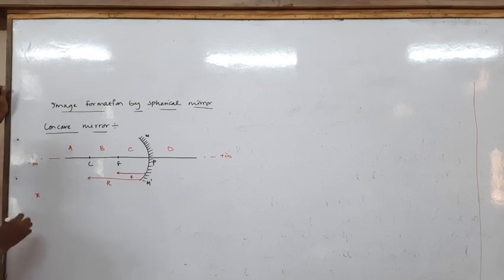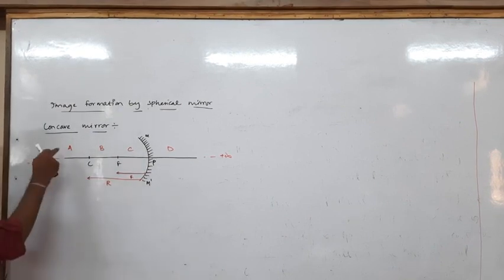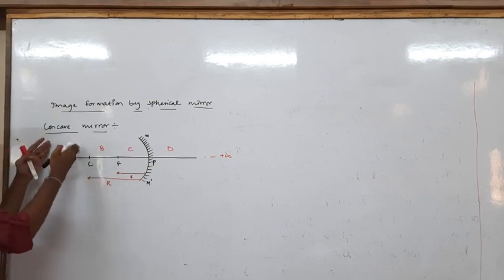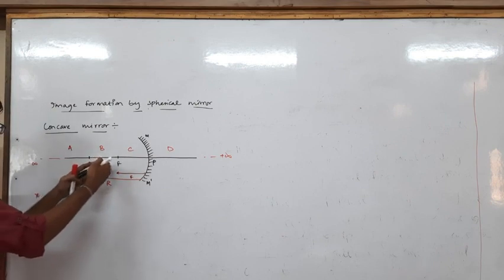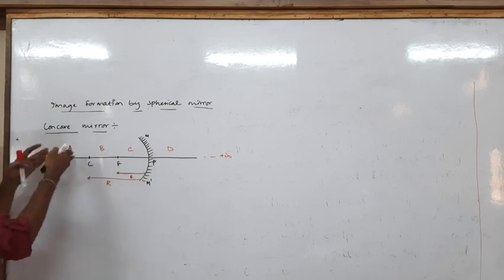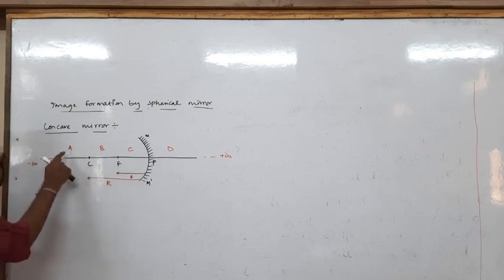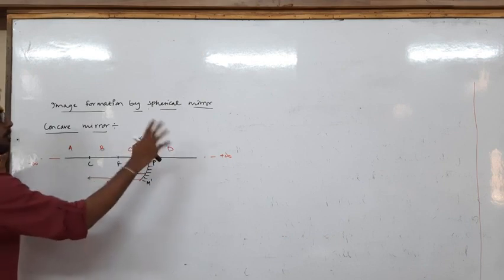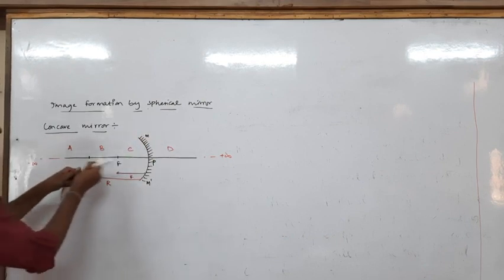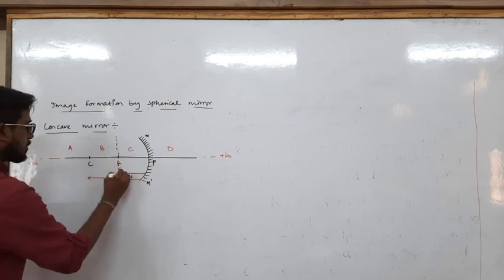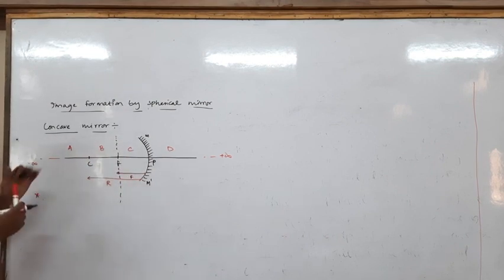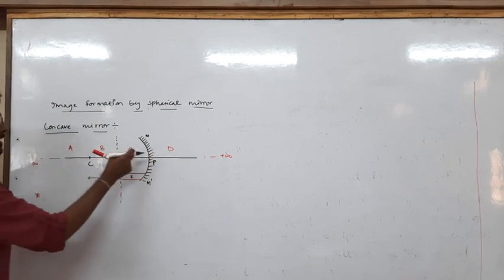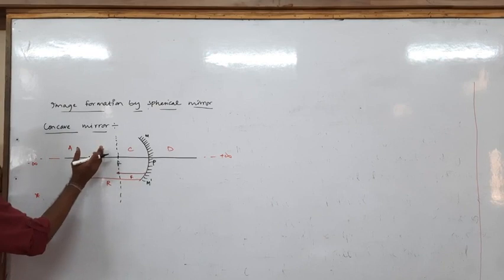Point 1: if the object lies in A, from minus infinity to C, then the image must be in B. If the object is in B, then the image must be in A. That means if the object is beyond C or to the left of F, the image can never be to the right of F. The image and object cannot intermix between B and C. So if the object is at A, the image can never form at C or D.